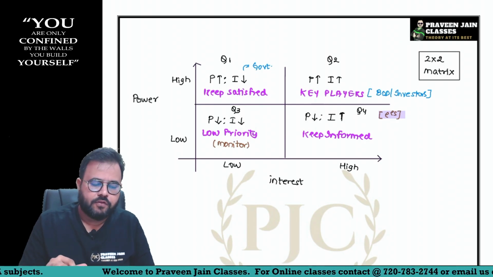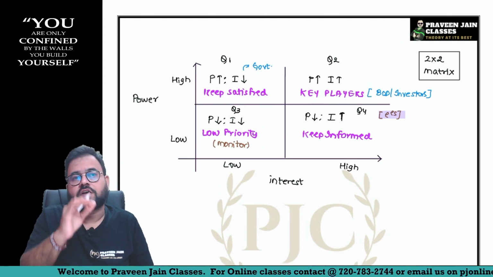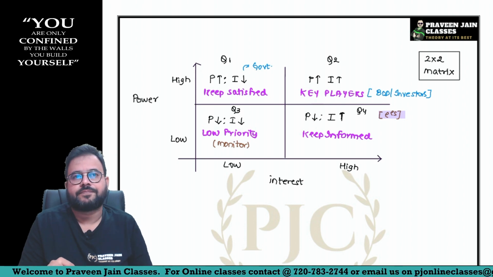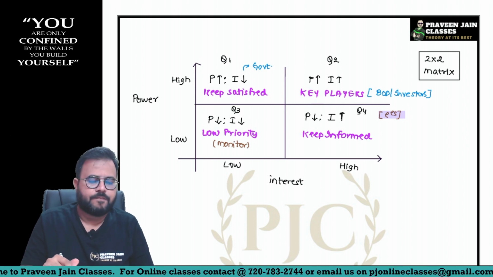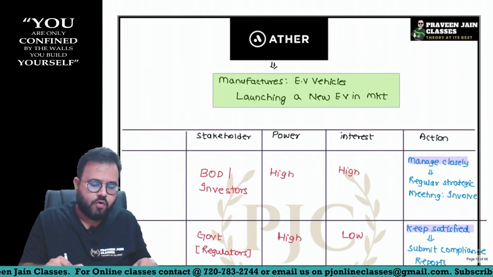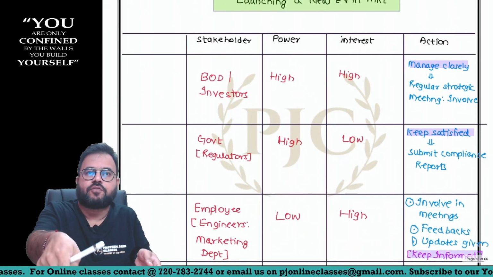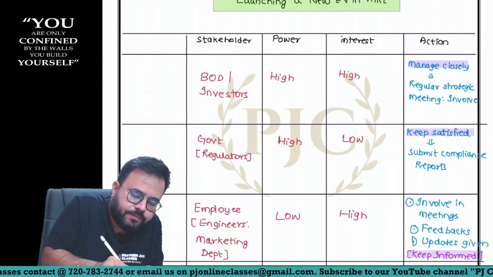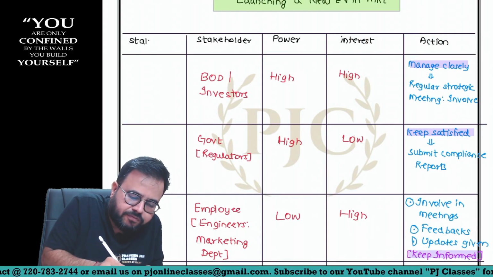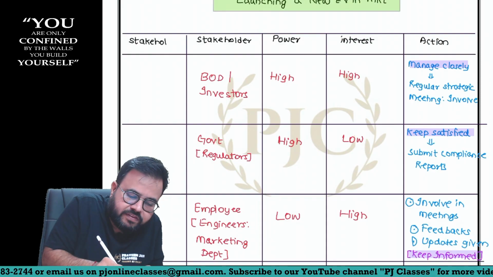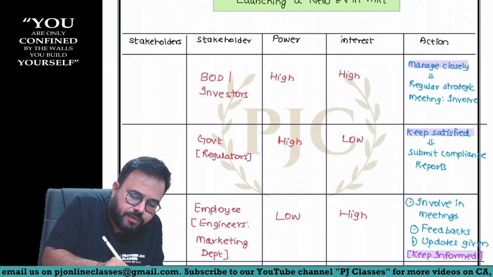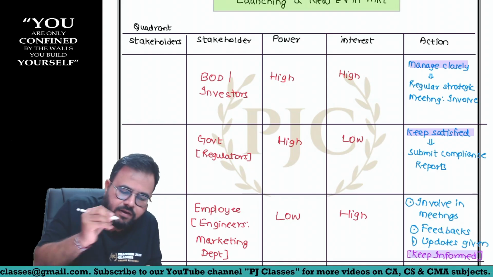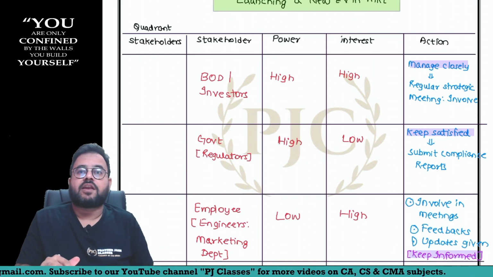Okay. So with this, we also constructed the matrix. Easy answer. Now, the only thing we have to fill here is the stakeholder type. Seeing that matrix, you tell me, from the quadrants, what type of stakeholder is the board of directors?